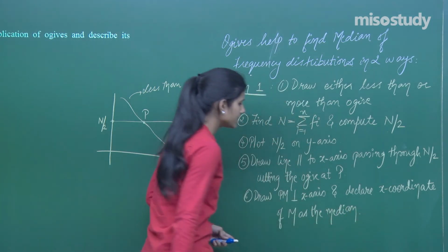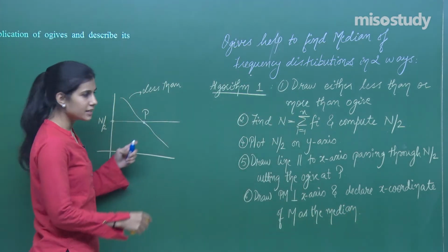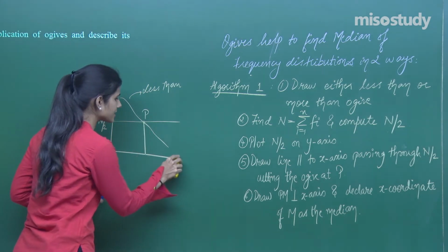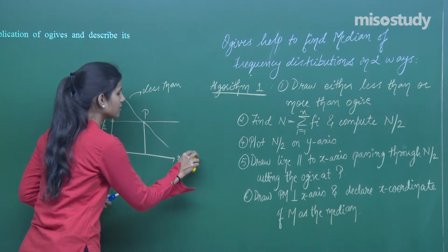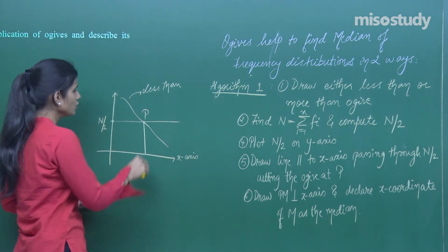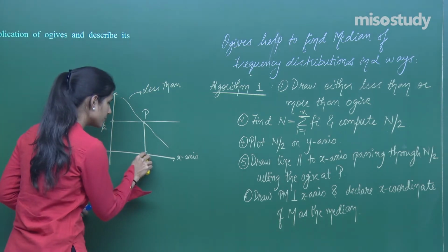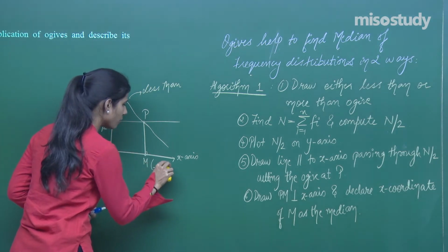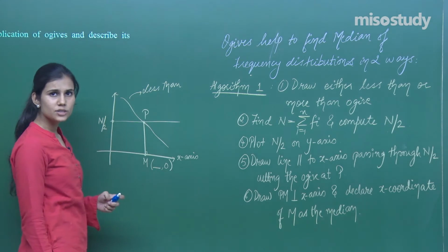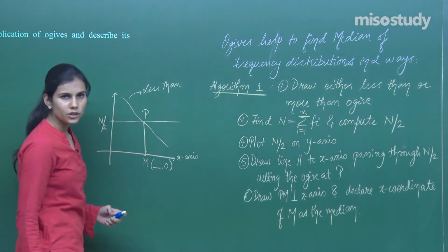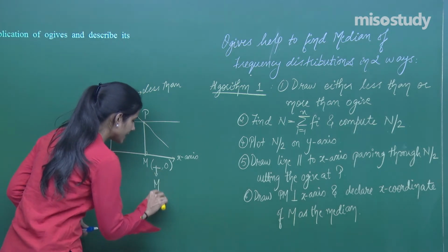So it says that once point P is marked, drop a perpendicular onto the x-axis. This is the x-axis, this is the y-axis. So drop PM perpendicular to the x-axis. Now this point M is going to be something comma 0. On the x-axis you have points like this only, something comma 0. This something is the x-coordinate of point M, and this will be declared as the median.